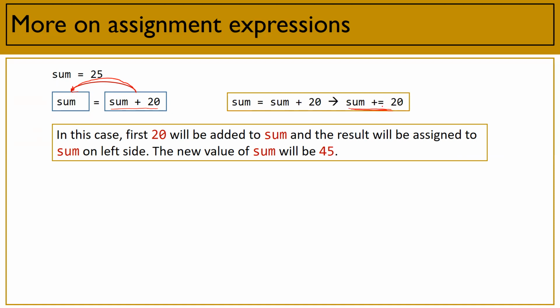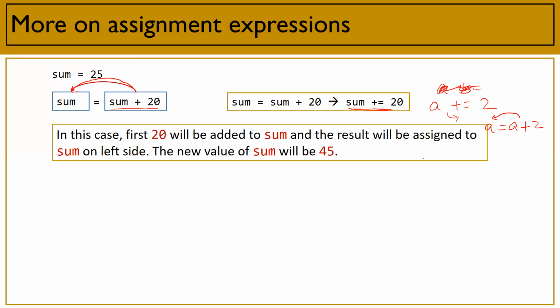So let's say if I write a plus equal to, what I'm doing basically is updating the variable a and adding 2 into it, right? So how would I decode it? I'm updating variable a and adding 2 into it, so I will write a plus 2, and then assign it back to a, right?